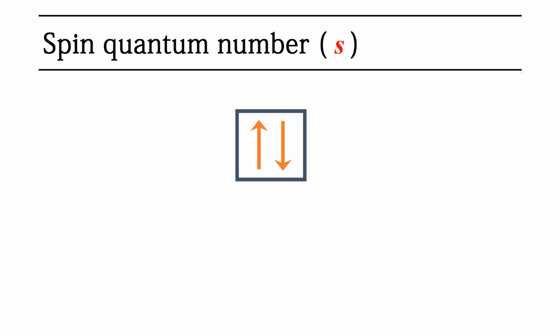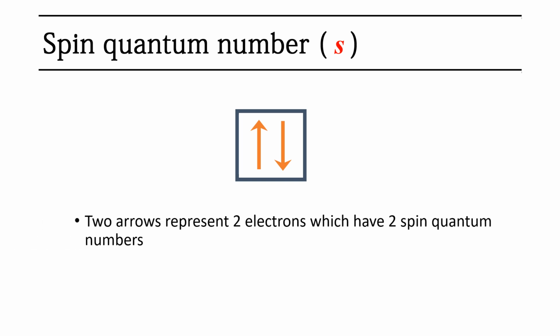When you are representing these two spin quantum numbers with one electron, it is represented by an arrow. Normally we can use single-headed arrows, or double-headed arrows, to represent the electron in a particular area.